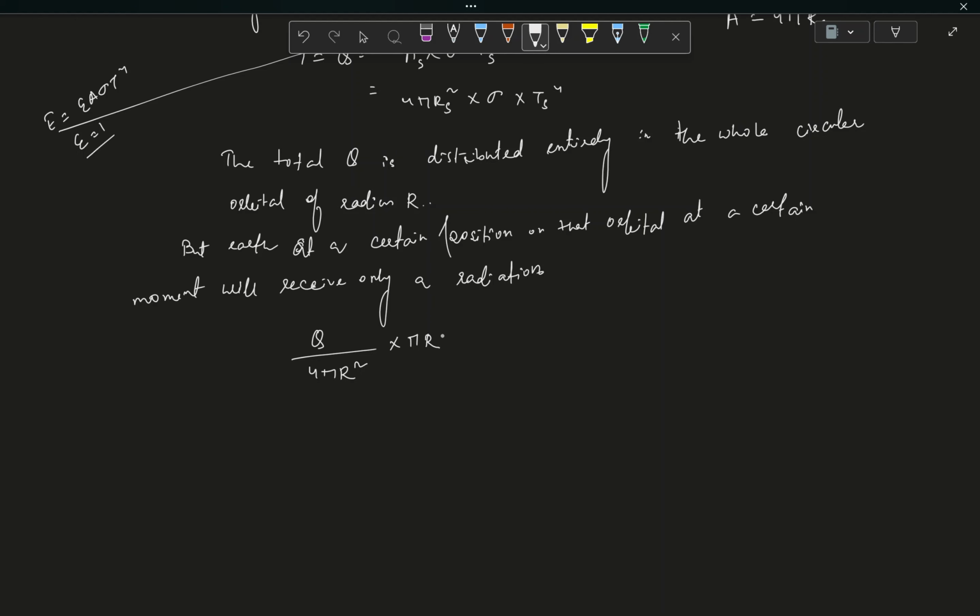The portion Earth is getting of that total is pi into r_e squared.